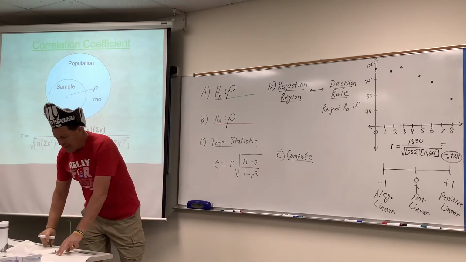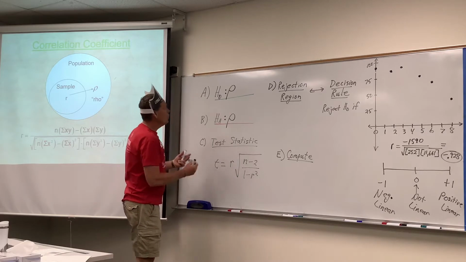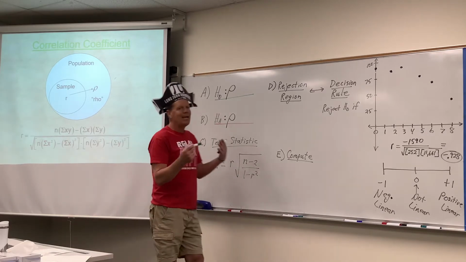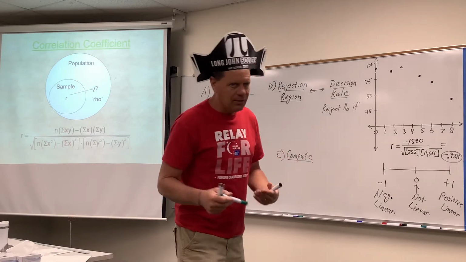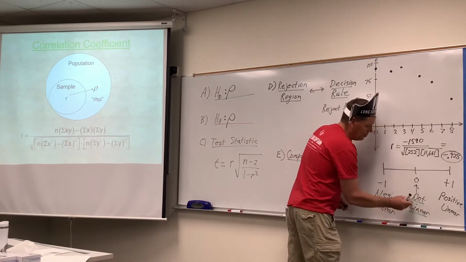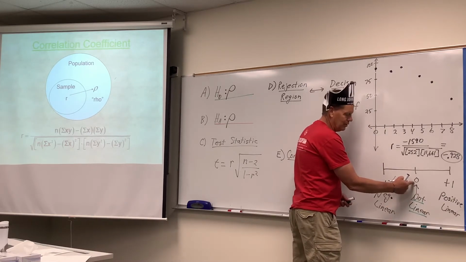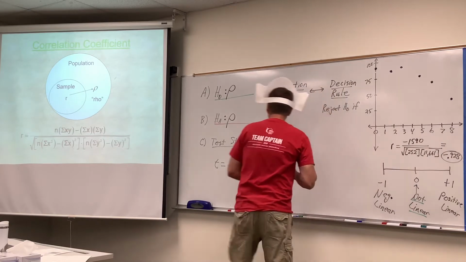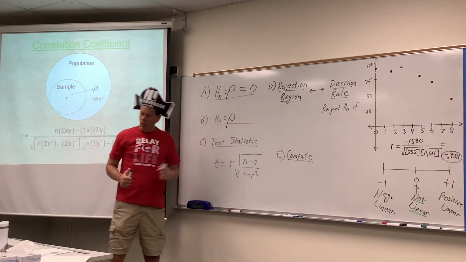So let's think about this. Here's the general idea. You assume there is not a linear relationship. That's what we will be doing on all of these. So if you think about it, if there's not a linear relationship, you're going to assume that the correlation for your entire population, which is called rho, would be equal to 0. So there you are again with your null hypothesis.